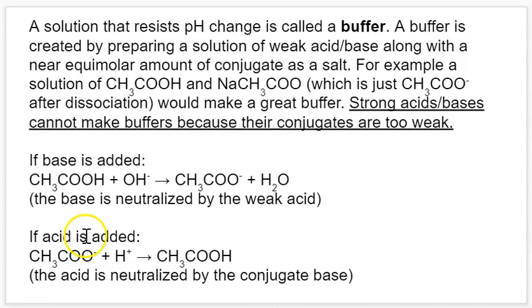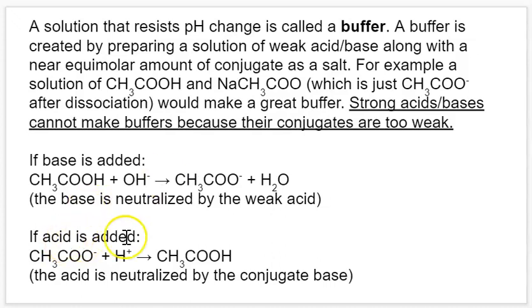If I was to add a base to the solution, say I'm adding hydroxide ions, well, those hydroxide ions, instead of raising the pH by increasing the amount of hydroxide in the solution, are going to interact with the weak acid and take its protons and basically turn it into water. It's just going to neutralize it. So instead of the hydroxide ion concentration going up and the pH going up as a result, we're just going to form the conjugate base of the acid instead, which is not going to change the pH by very much.